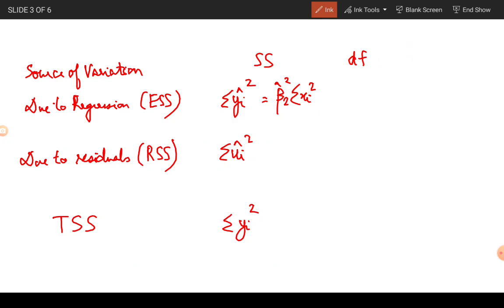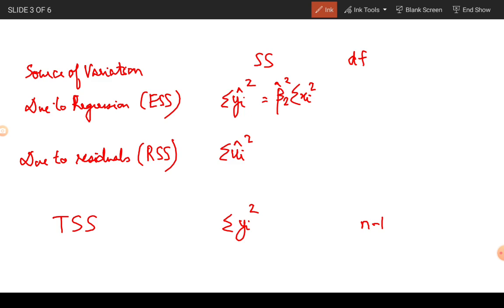So the total number of observations in the sample is considered to be n. For your total sum of squares, you are computing the sample mean y bar to calculate summation yi square, and so you lose 1 degree of freedom. You lose 1 degree of freedom because you have calculated the sample mean y bar, so you are left with n minus 1 degrees of freedom.